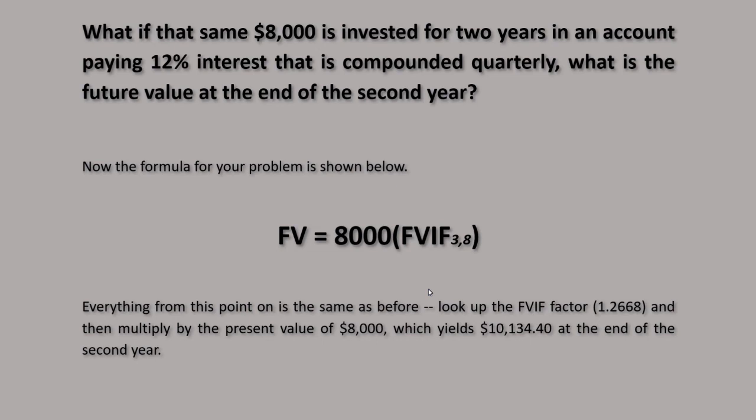Future value equals 8,000 times the factor of 3 and 8. Everything from this point on is basically the same as before. If you look up that factor, the FVIF factor on the table, it comes up with 1.2668. Multiply that by 8,000. So that's going to give you $10,134.40 at the end of the second year. So now you know, right?